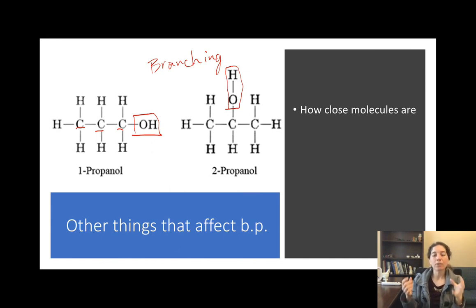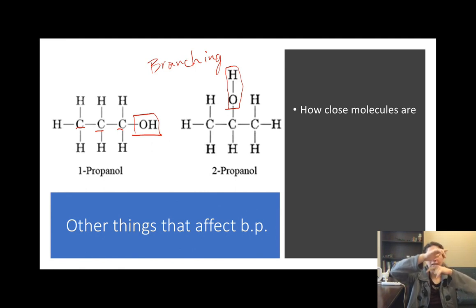And the reason for this change is because this branching affects how close the molecules can get to each other. If we have something that's linear, they can pack pretty easily like this. But as soon as you have this 3D structure, it's hard for the molecules to get together, and that affects how close they are. So with 1 propanol, where the oxygen is on the end, it can line up a lot closer.